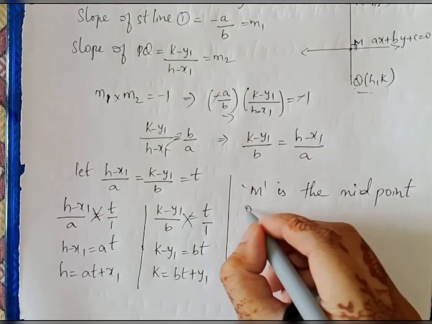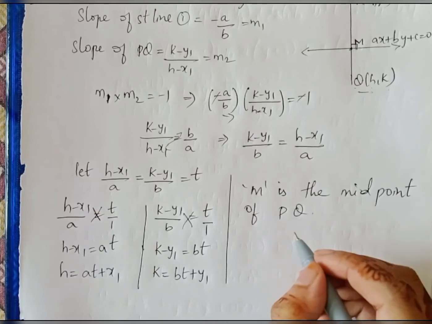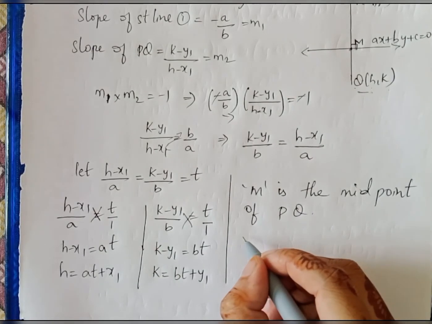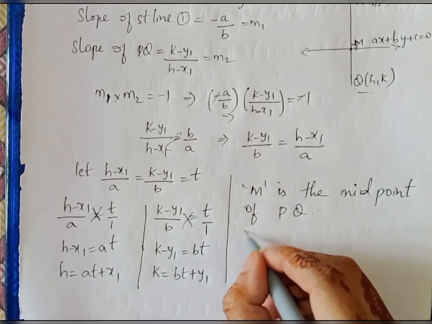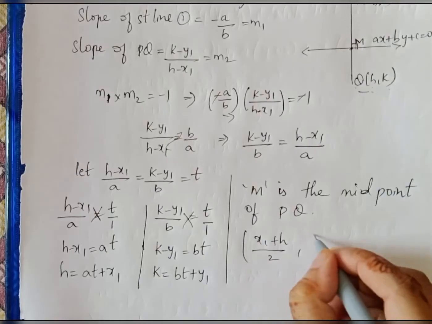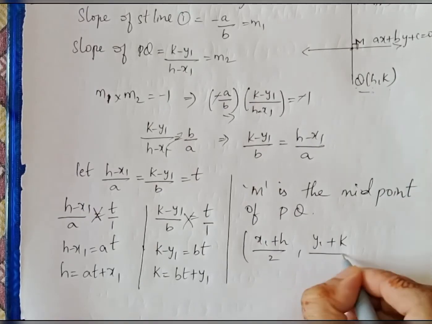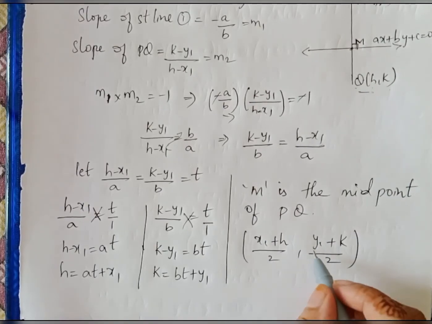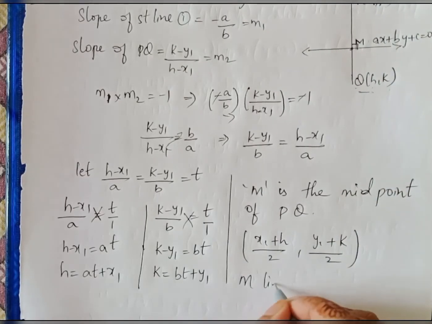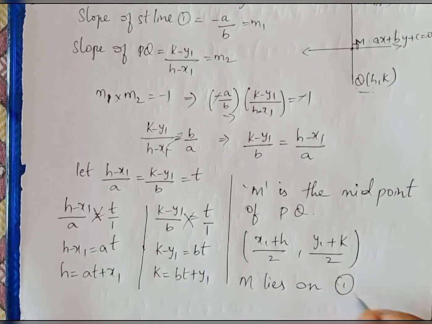So M is the midpoint of PQ. The midpoint formula is (x1 plus x2) by 2, (y1 plus y2) by 2. So (x1 plus h) by 2 comma (y1 plus k) by 2. This midpoint also lies on this straight line. M lies on the straight line.